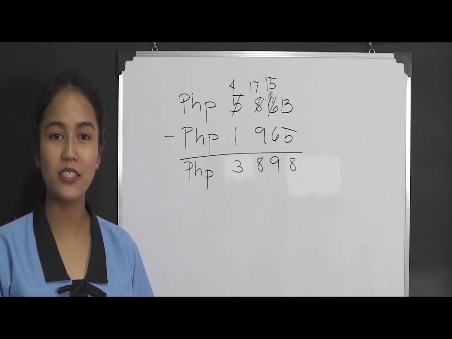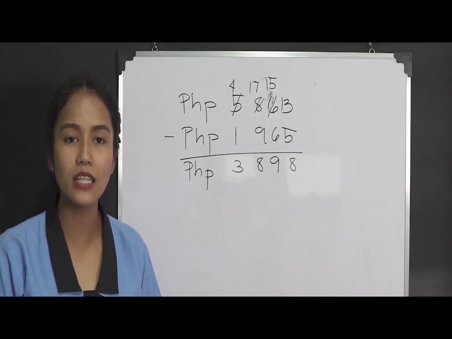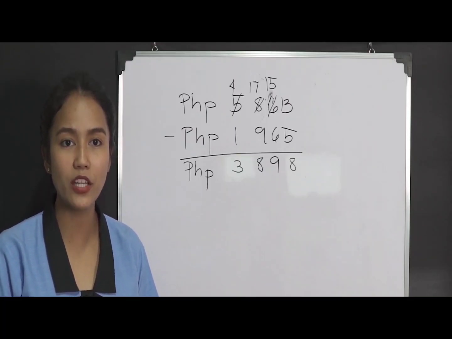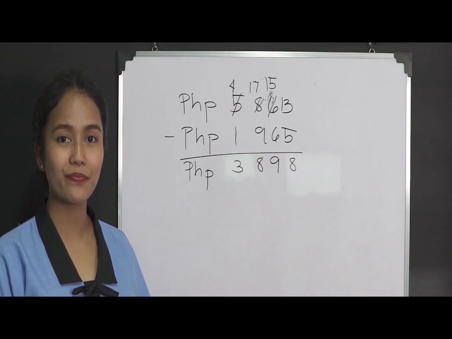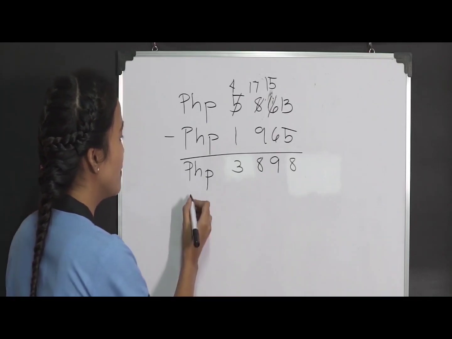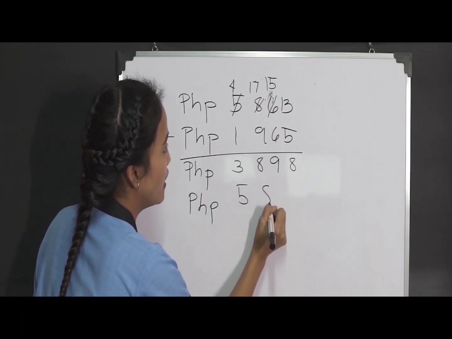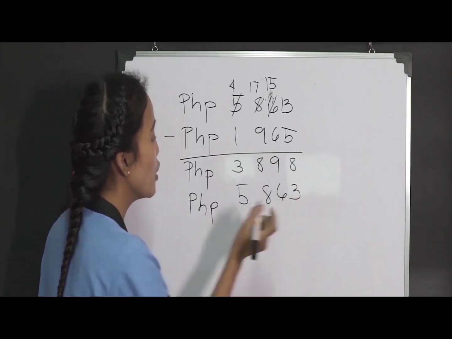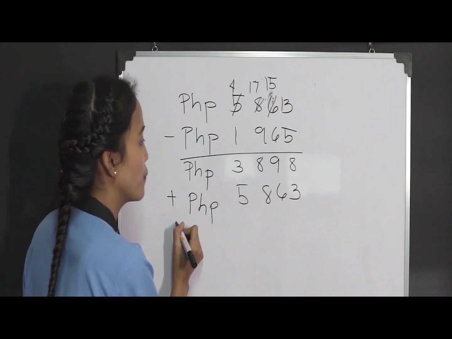Now that we already know the cost of the printer, we can now solve for the total cost of it and the monitor. So, what operation are we going to use? Nice, addition. So, we need to add 5,863 pesos to 3,898 pesos.